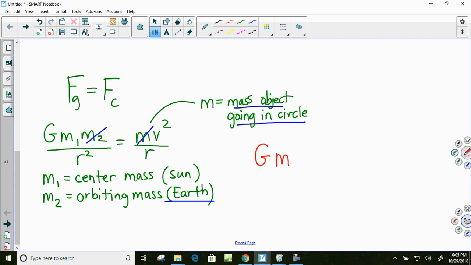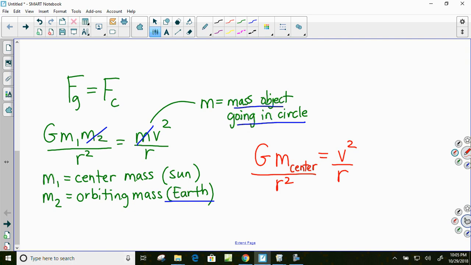And we're left with G m1, the mass of the center mass, or the big mass, over r squared, and that equals v squared over r.